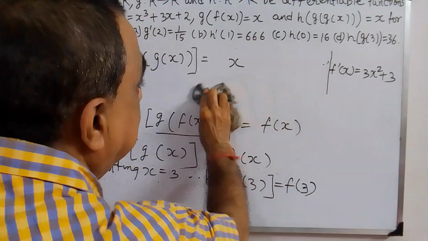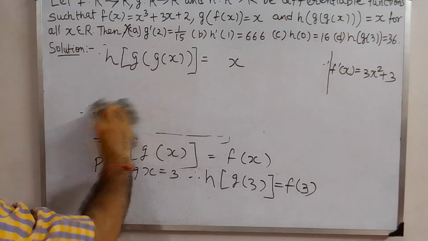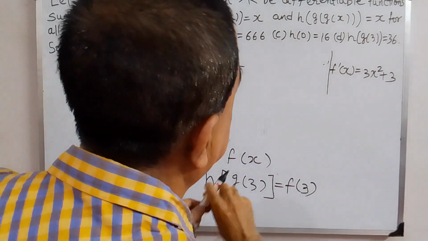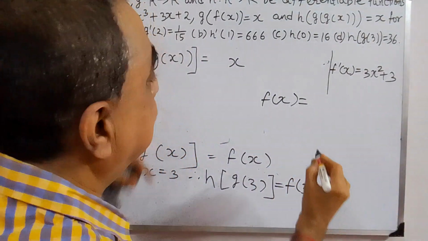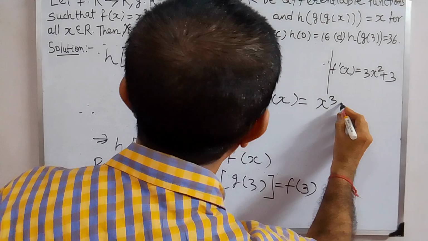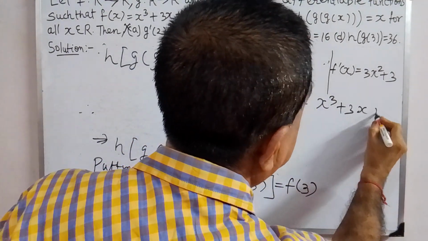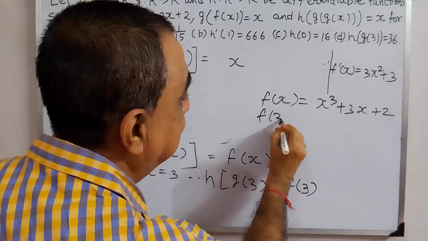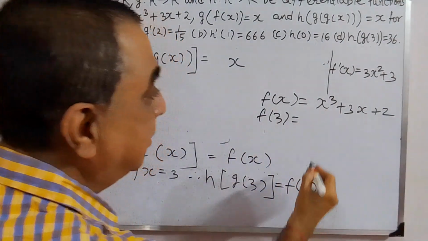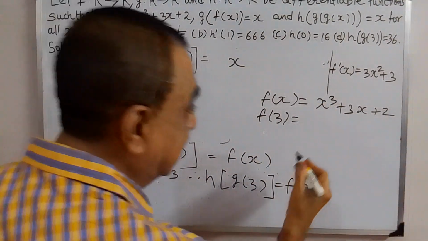F3 means the value of fx when x is equal to 3. Now fx is equal to x cube plus 3x plus 2. F3 means in place of x you have to put the value 3.